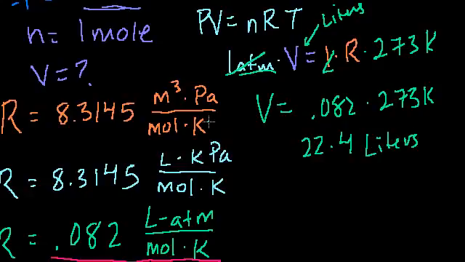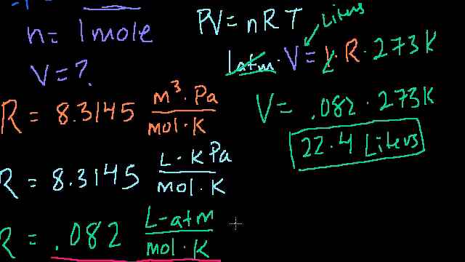So if I have an ideal gas, and all gases don't behave ideally, but if I have an ideal gas at standard temperature, 0 degrees Celsius, or the freezing point of water, which is also 273 degrees Kelvin, and I have a mole of it, at standard pressure, 1 atmosphere, that gas should take up exactly 22.4 liters.